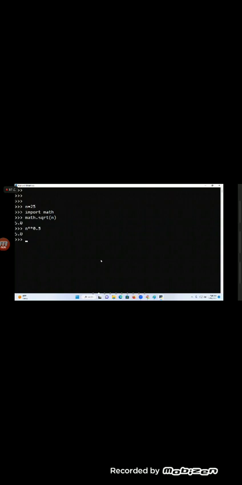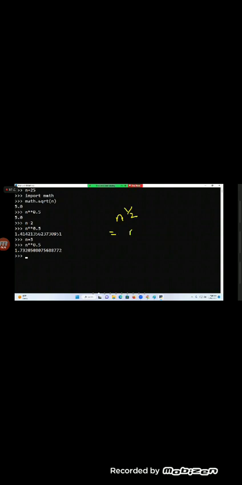Are you able to get it? If n is equal to 2, the square root of 2 is 1.414, something like this. N star star 0.5 gives that answer. N is equal to 3, n star star 0.5, gives 1.732.